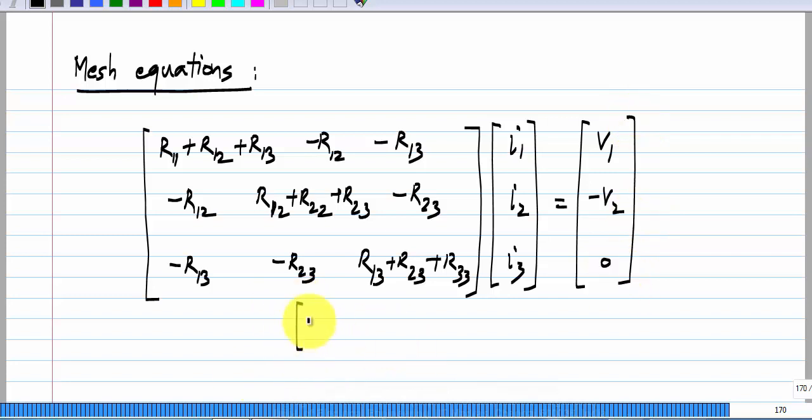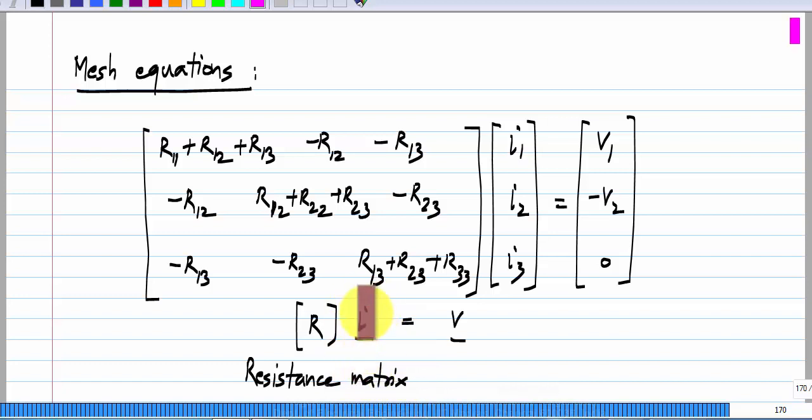Okay. So this is of the form the resistance matrix times the vector of unknowns, the vector of mesh currents, to be equal to the vector of independent voltage sources. Okay.